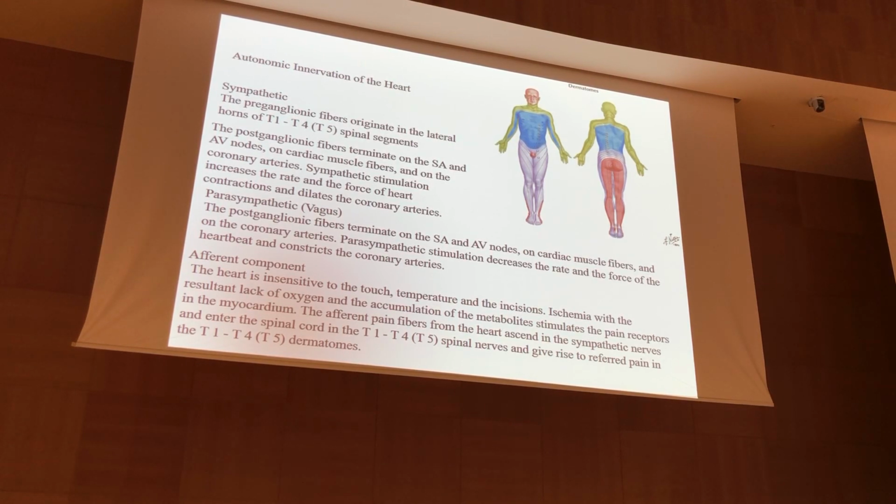Now, do you have cardiac pain every day? You have ischemia every day? You have renal pain every day? You have gallbladder pain every day? Rarely, unless you have a condition. But you might have pain from your chest and the body wall at any time. Somebody touches you, somebody punches you, you hit something, right?